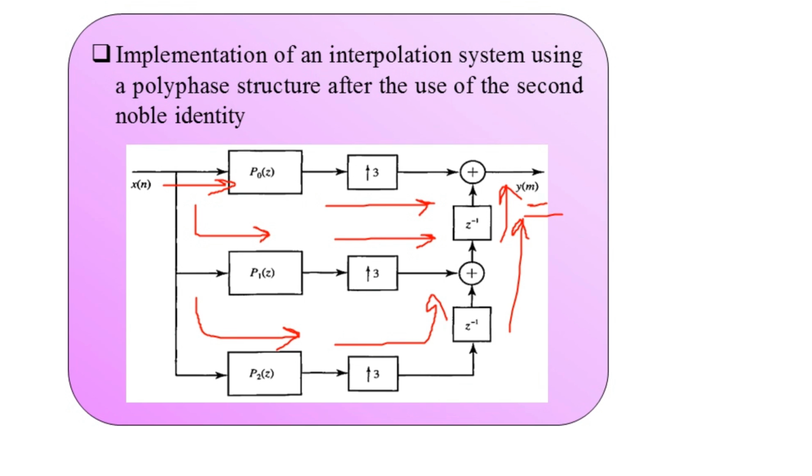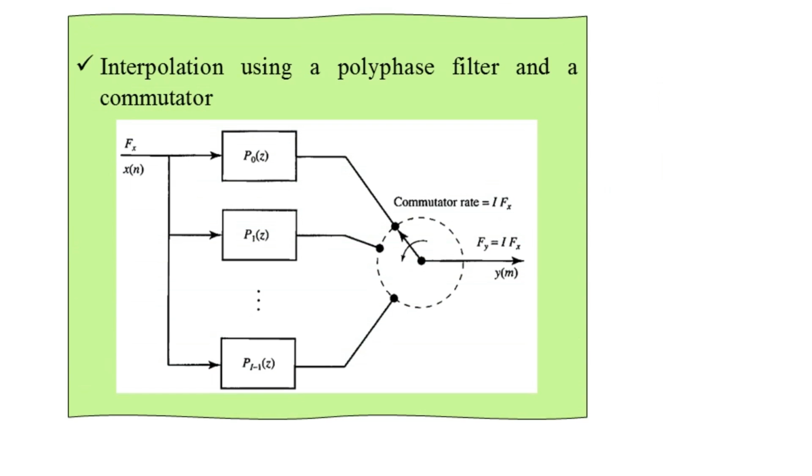So now, as in the decimation case, where we showed the commutator for the polyphase filter structure, the same we can have for the interpolation process. Here we have interpolation using the polyphase filter and a commutator. The polyphase filter structure can be seen in terms of the multiphases P0 of z, P1 of z, up to P suffix I minus 1 of z here.